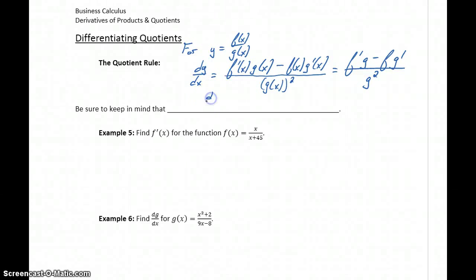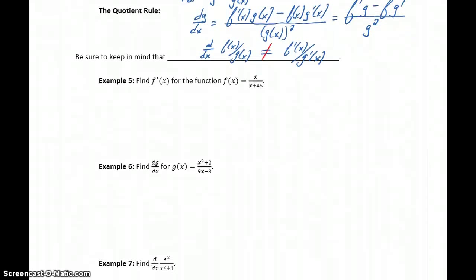So keep in mind, just like we talked about with the product rule, that to take the derivative of f of x over g of x, that is absolutely not equal to just taking the derivative of the numerator divided by the derivative of the denominator. We need to make sure that we're using this rule and using this approach anytime we have the quotient of two functions.